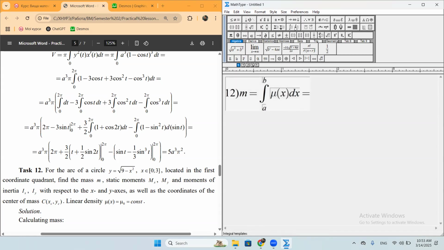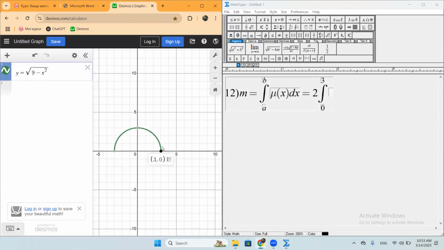And in this case, we integrate from 0 to 3, and we only calculate for this part. mu 0 dx.